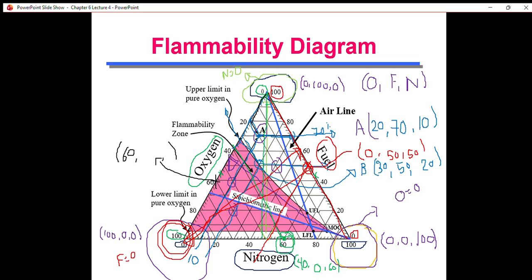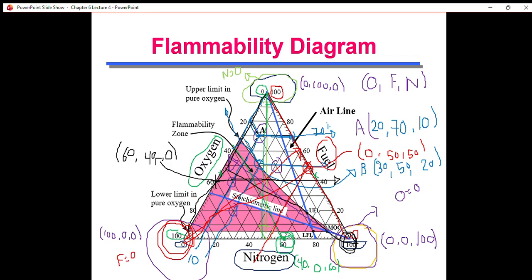This element of the oxygen is opposite to this point, where this point has 100% nitrogen composition, which means that the nitrogen composition will definitely be equal to 0. And as a result I will have 40% of fuel. This is my reading of the 40% of fuel.